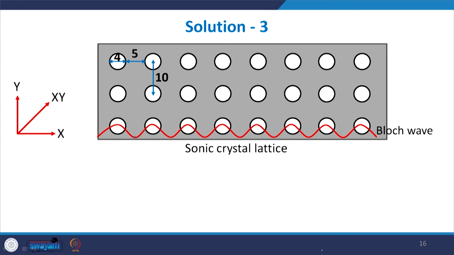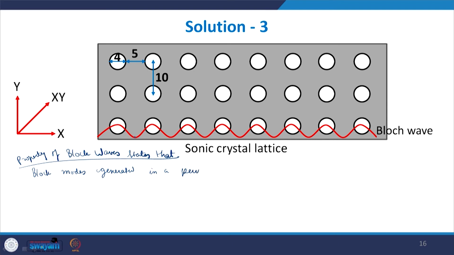Now to solve this we will use one property of the Bloch wave, which says that the Bloch modes that are generated in a periodic crystal, in this case a sonic crystal, will have the same spatial periodicity.